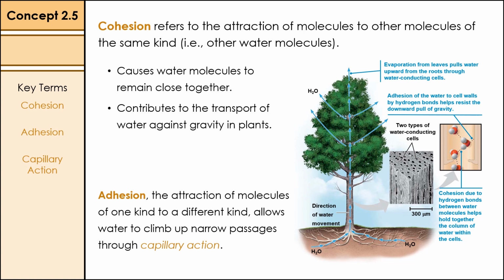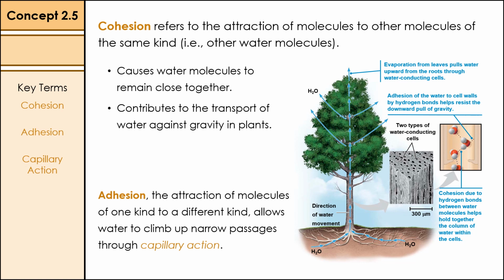So cohesion is loosely related to adhesion, ad meaning across. So these are attractions between the water molecules and other polar or ionic molecules. So the ability for our partial charges to be attracted to the opposite partial or full charges in another molecule.